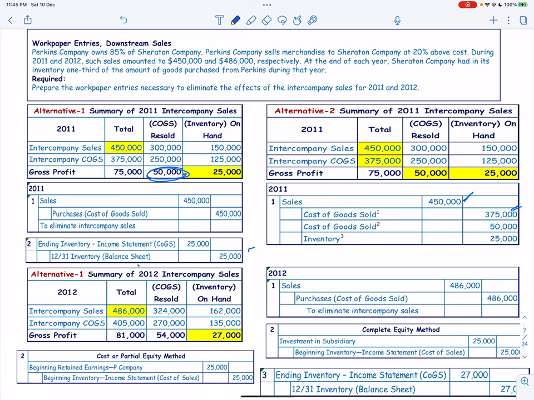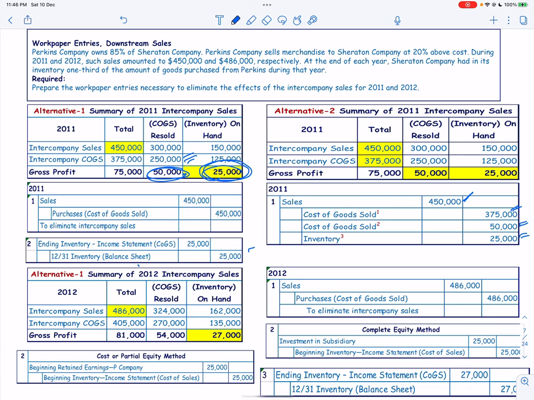So the cost of goods sold by Sheraton is 300, which is not correct. And the cost of goods sold is 300 divided by 1.2, that means 250. So the cost is overstated by 50,000, and that's why we have credited it as well. The inventory on hand is overstated on Sheraton's books by 25,000 as unrealized profit.